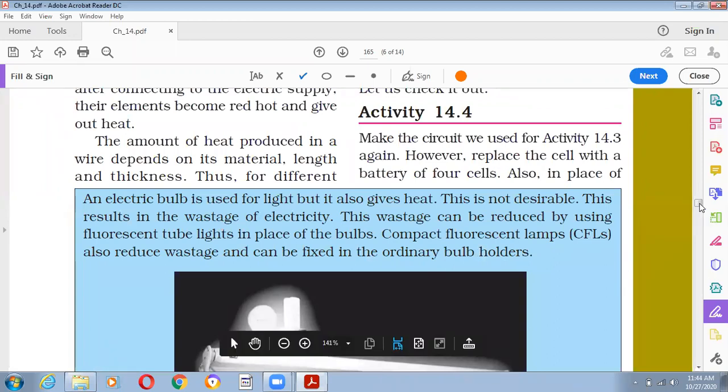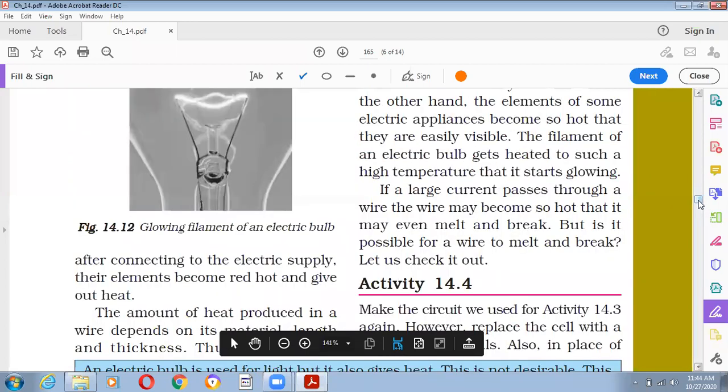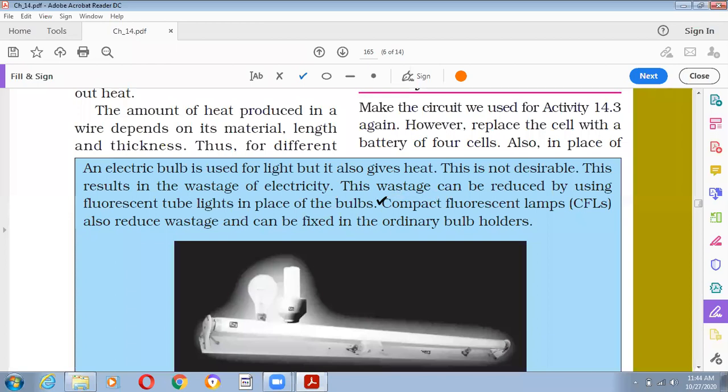Now these days we are using CFL. You can see compact fluorescent lamps, because they reduce wastage and can be fixed in ordinary bulb holders.